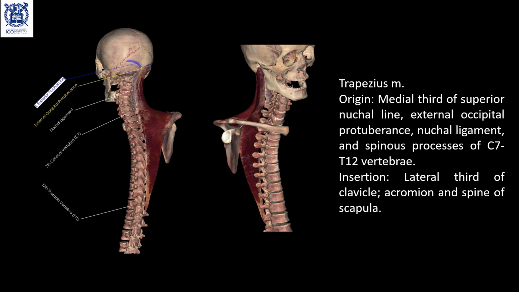It is innervated by the accessory nerve, motor part, and cervical spinal nerve from C3 and C4. It is supplied by the superficial branch of transverse cervical artery or superficial cervical artery. It has antagonists such as serratus anterior and latissimus dorsi and pectoralis major.